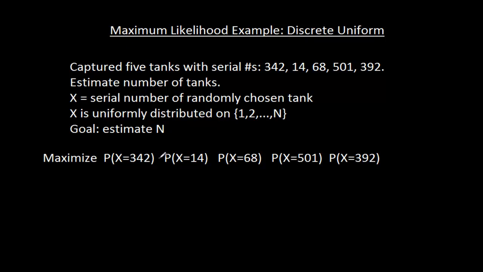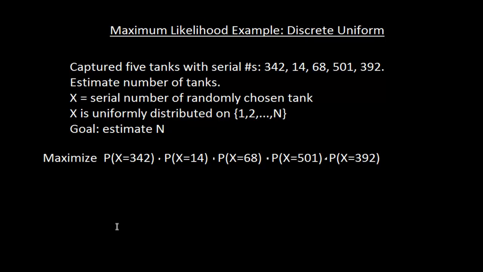So what this really is, is the probability that we capture all those tanks in this order. And what we want to do is choose our parameter capital N so that this probability is as large as it can be. It's the parameter value under which what happened is most likely.